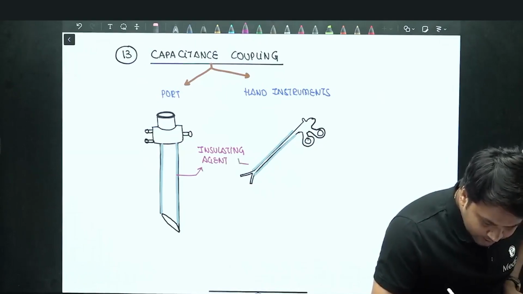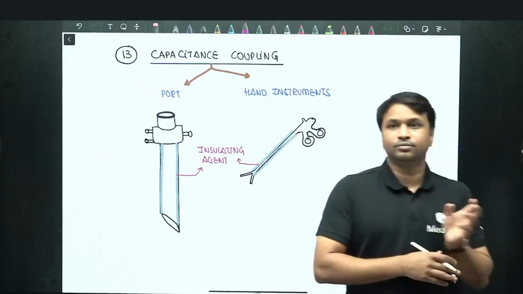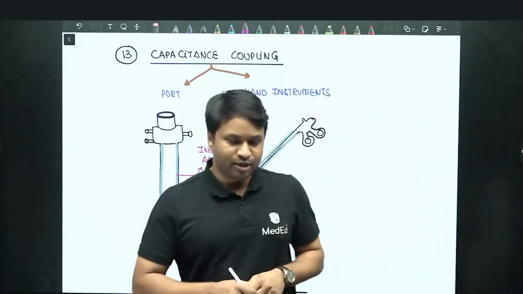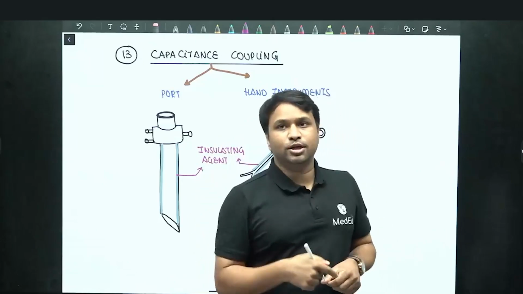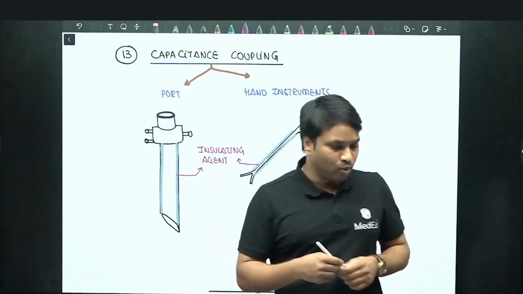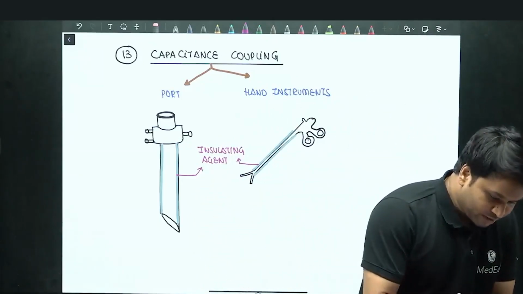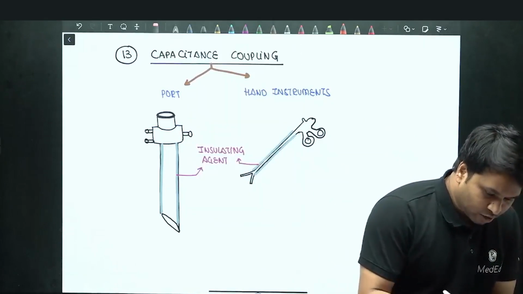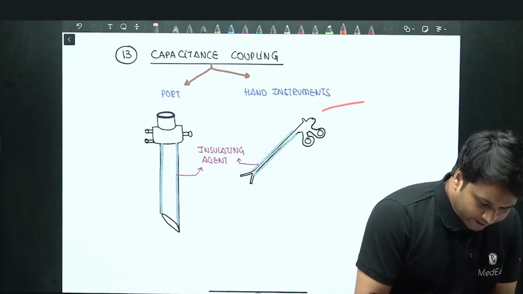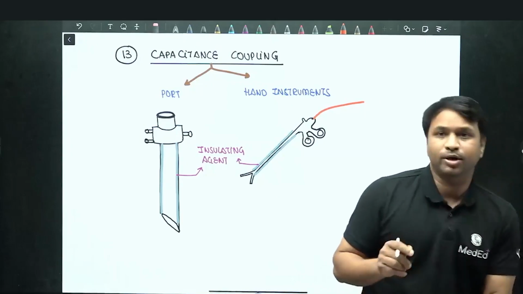Now, what is the basic concept of having this insulating agent? When I insert the handheld instrument into the port, there is a component here where I will be connecting my electrical component, right?